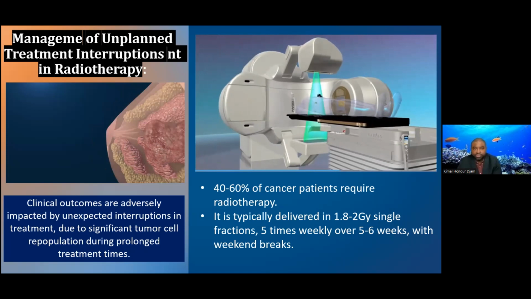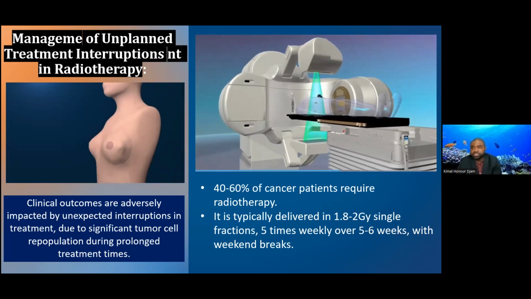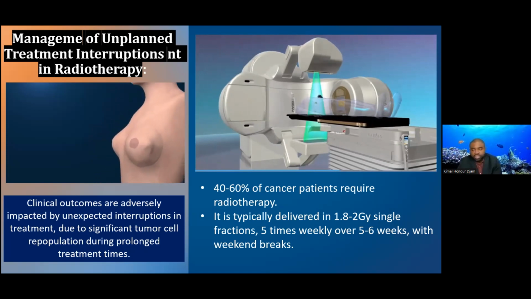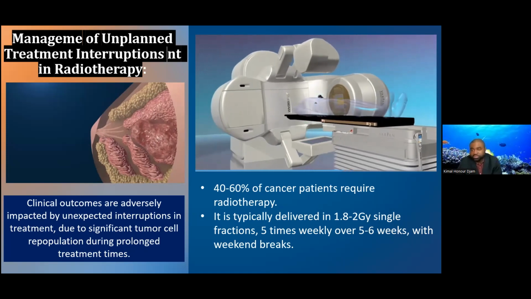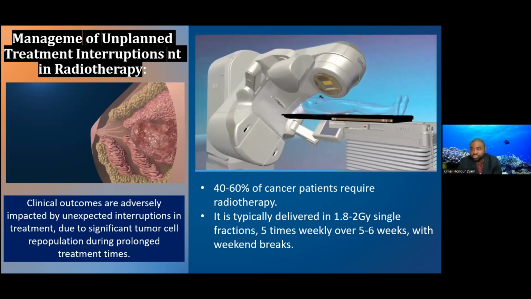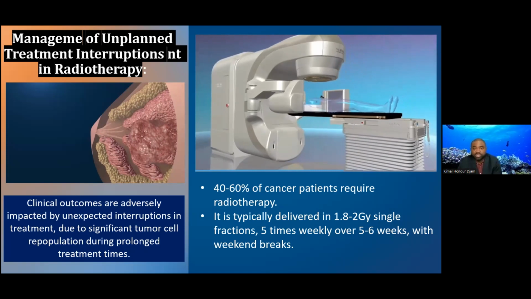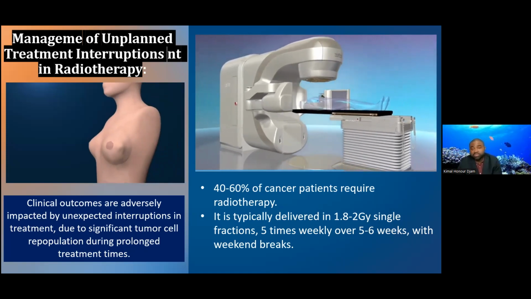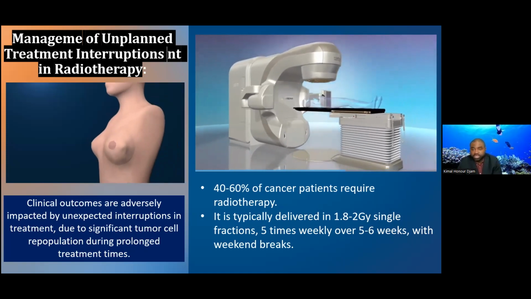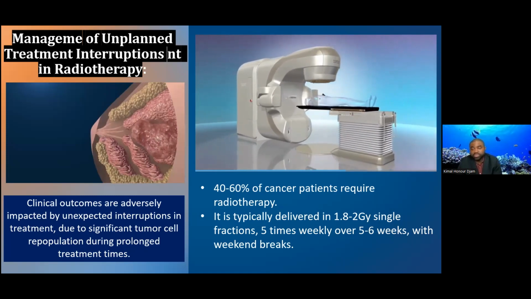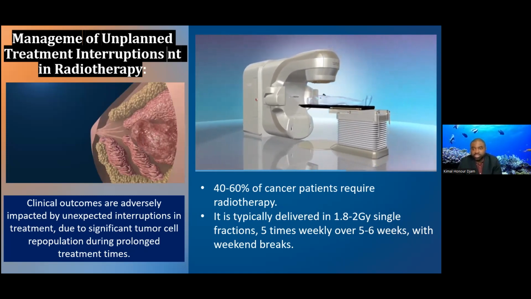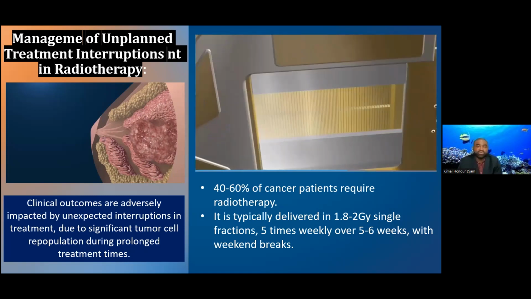Conventionally, fractionated radiation therapy, for the most part, is delivered at between 1.8 to about 2 gray in a single fraction per day, 5 times a week, over about 5 to 6 weeks. And this typically takes into account the standard working practice with weekend breaks.